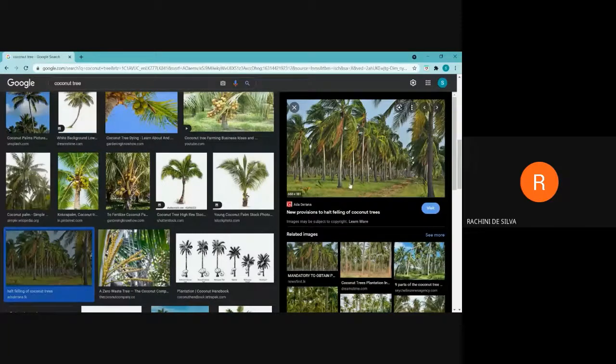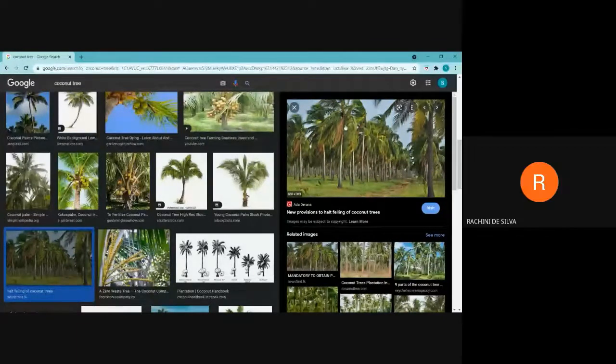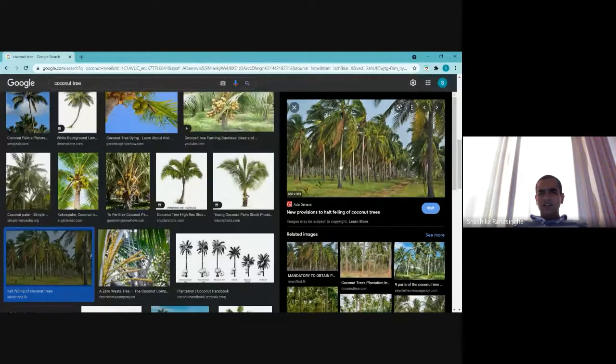Yes, sir. So the coconut tree, the height of the tree is the duration, right? And the wind is the interest rate, right? Remember what I explained earlier? So which one is more sensitive to wind, the tree or grass? Tree is more sensitive, no? Right. So the height of the tree is the duration.